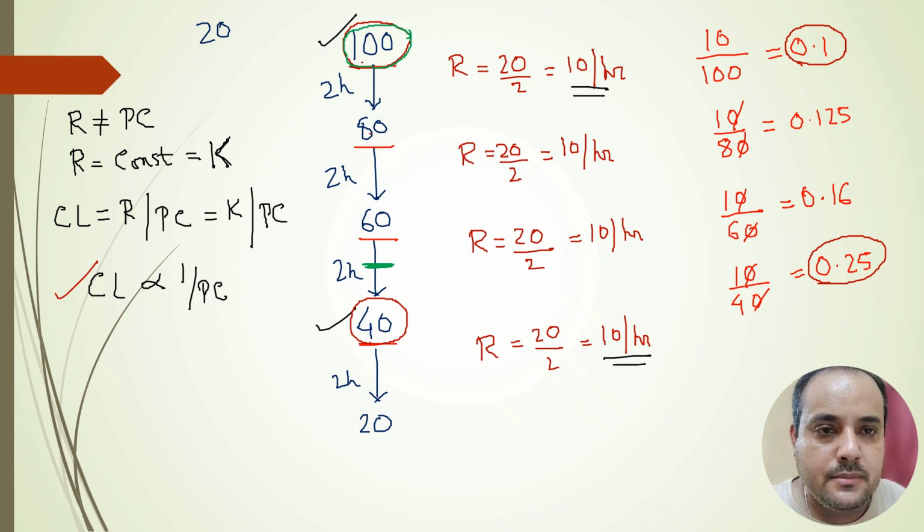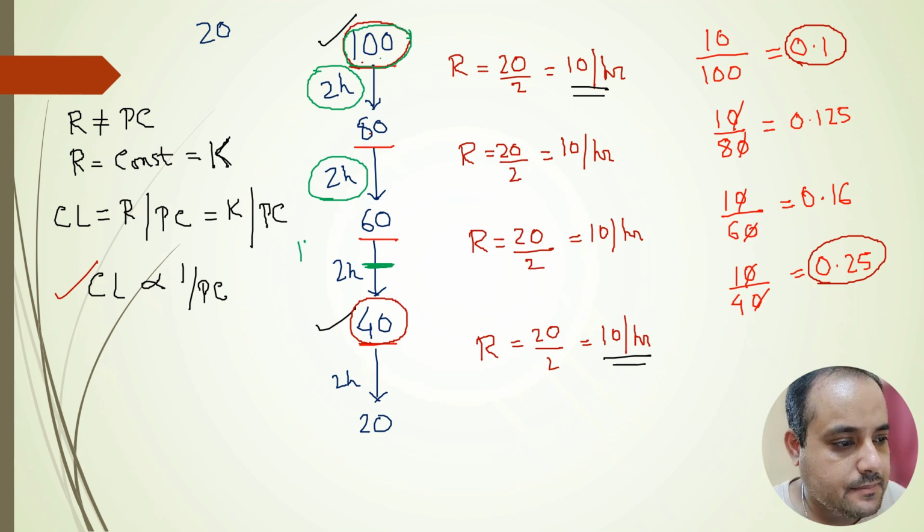What is the time that I have taken to reach from 100 to 50? 2 hours here, 2 hours here, and 1 hour here to go from 60 to 50. That means in this case the T half is 5 hours.